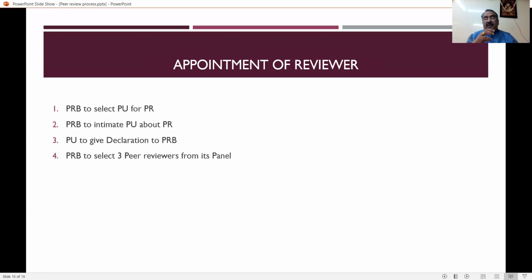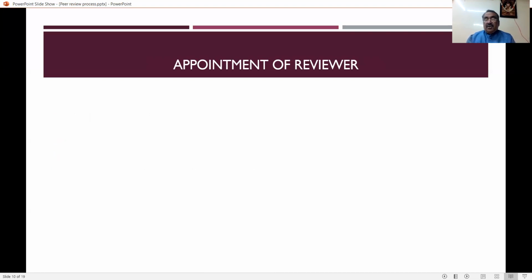After that, the peer review board can select any 3 of the peer reviewers from its panel, and they write to the peer reviewers for acceptance. Suppose if we appoint, can you do the peer review? And after getting the declaration, these peer reviewers' consent is informed to the practice unit.